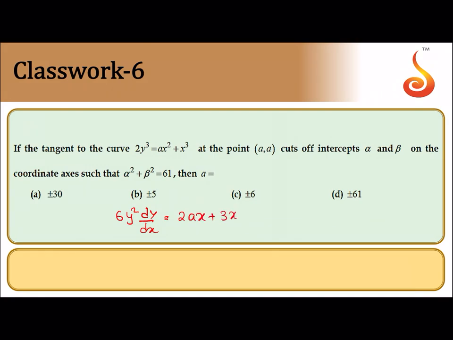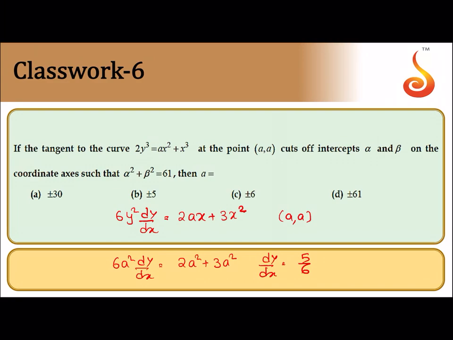Example 6. If the tangent to this curve at point (a, a) cuts intercepts alpha and beta on the coordinate axes, alpha square plus beta square is equal to 61. So in the same way we differentiate both sides. 6y square dy by dx is equal to 2ax plus 3x square.